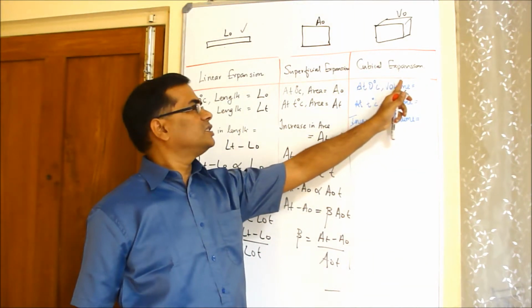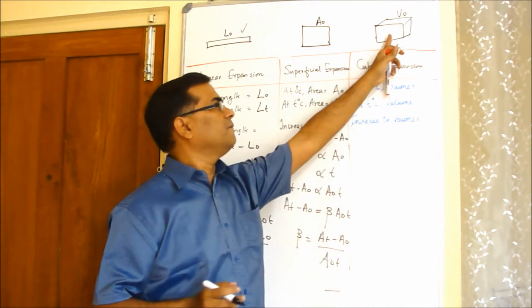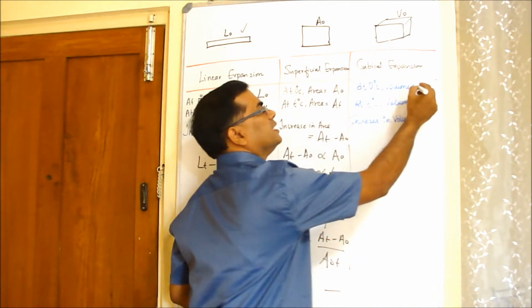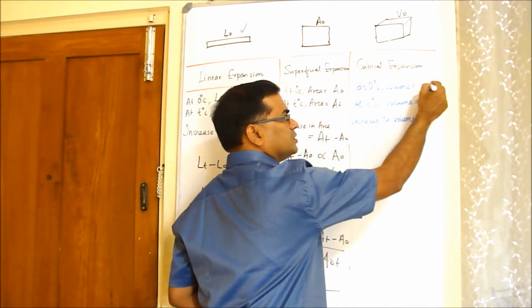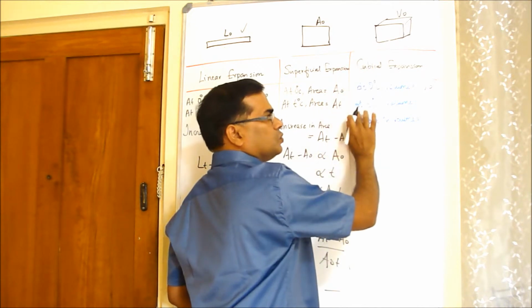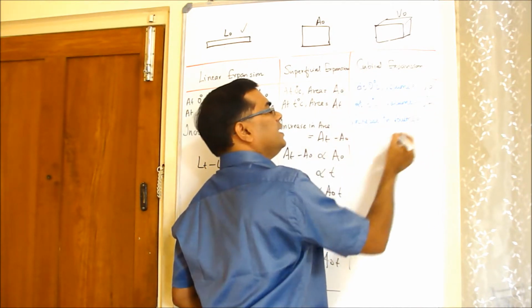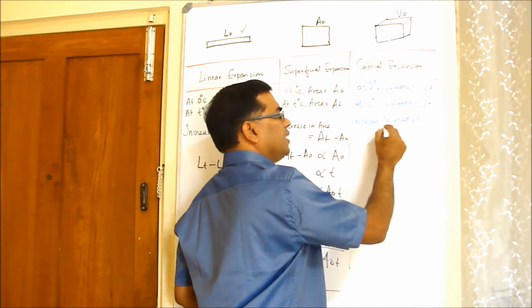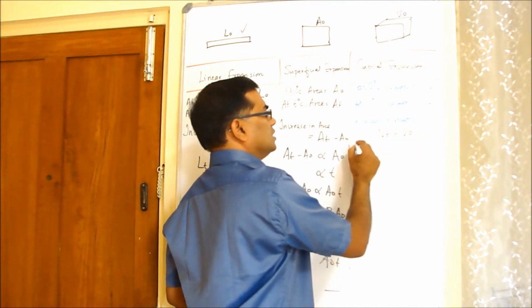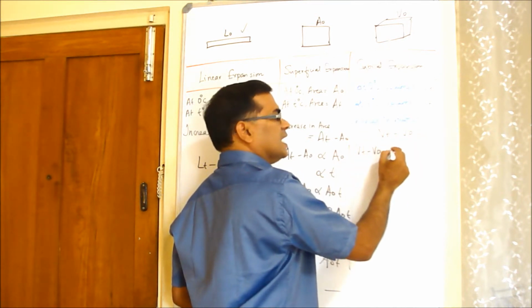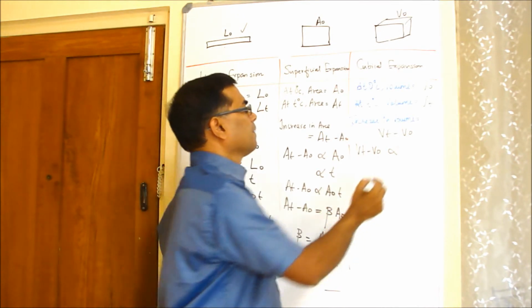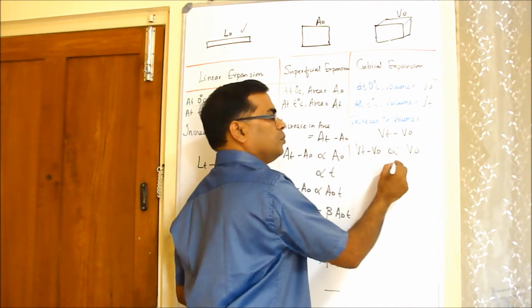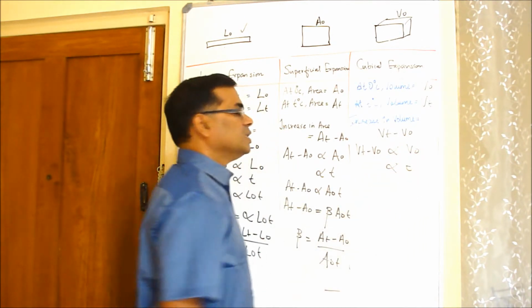Similarly, cubical expansion, consider a solid of volume V0 at 0 degree centigrade. At 0 degrees centigrade, volume is V0. On increasing the temperature through T degrees centigrade, the volume becomes Vt. Increase in volume is Vt minus V0. As we know, the increase in volume is proportional to the original volume, proportional to the rise in temperature.